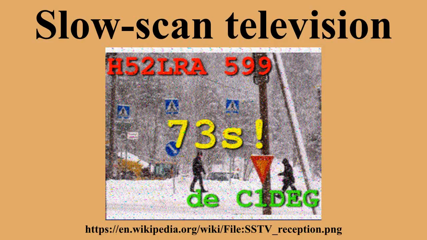The code starts with a start bit at 1200 Hz, followed by 7 data bits. An even parity bit follows, then a stop bit at 1200 Hz. For example, the bits corresponding to the decimal numbers 44 or 32 imply that the mode is Martin M1, whereas the number 60 represents Scottie S1.